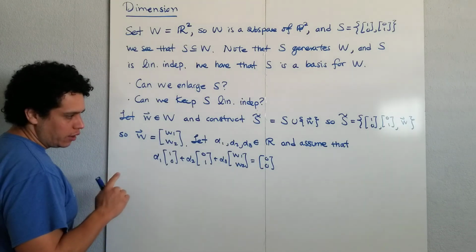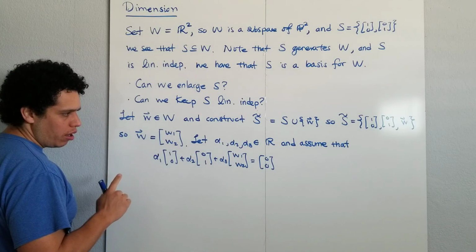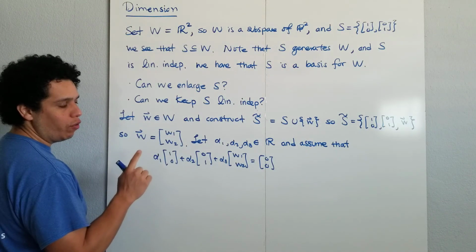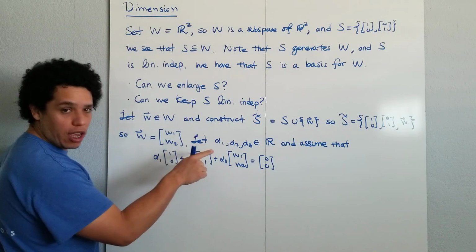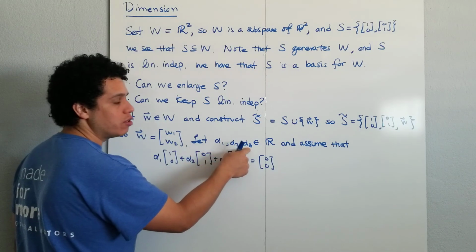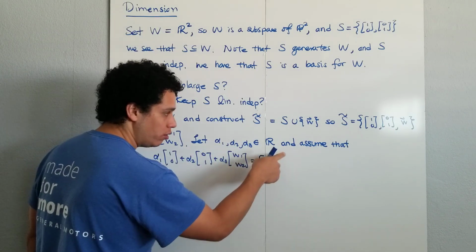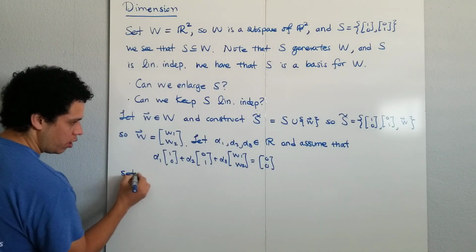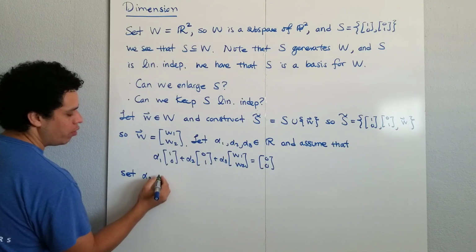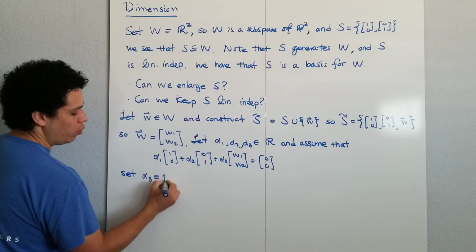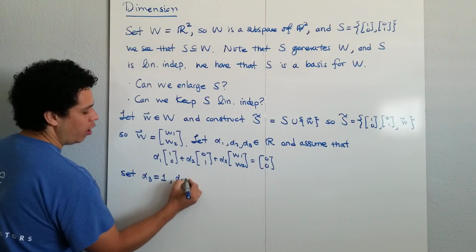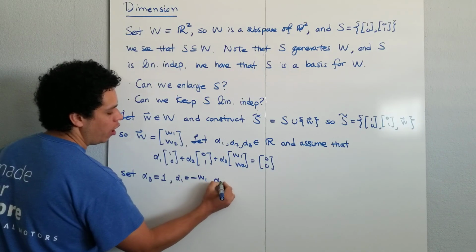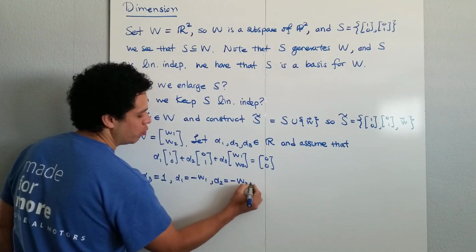But look, I no longer have this force that is telling me that all these coefficients must be zero. Because now, even though I have this assumption, I can say, oh, set alpha 3 to be equal to 1, alpha 1 to be negative w1, and alpha 2 to be negative w2.